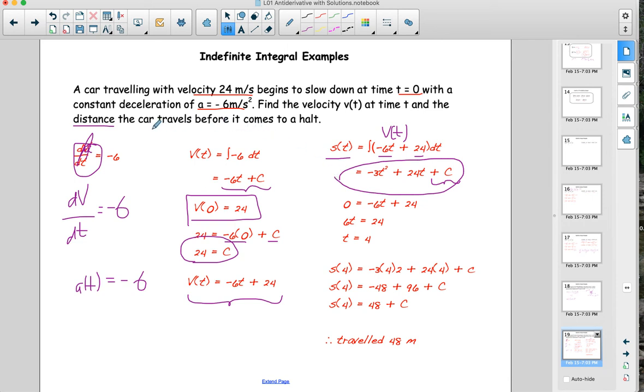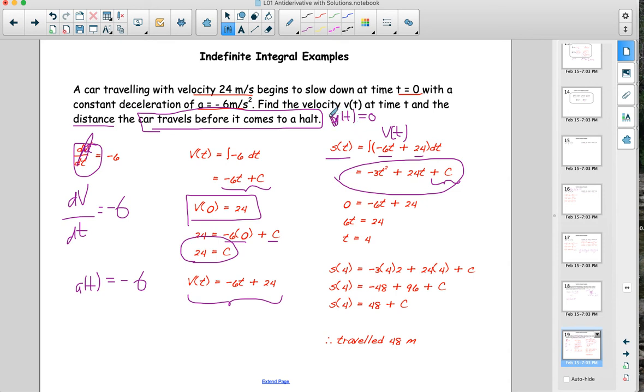Now it says how far does the car travel before it comes to a halt? So I need to know at which point in time the car is stopping. When does the car stop? Well, if the car stops, then s of t would be 0. No, sorry, not s of t.